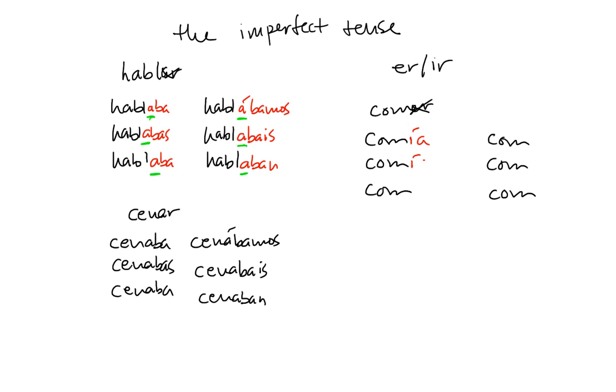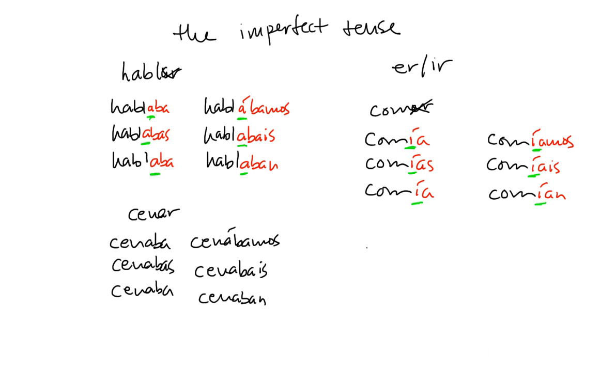Ía, ías, ía, íamos, íais, ían. Okay? All of these have accents, so in all of these cases, that's where the stress will be. Comía, comías, comía, comíamos, comíais, comían. And these endings are the same for ER or IR verbs.